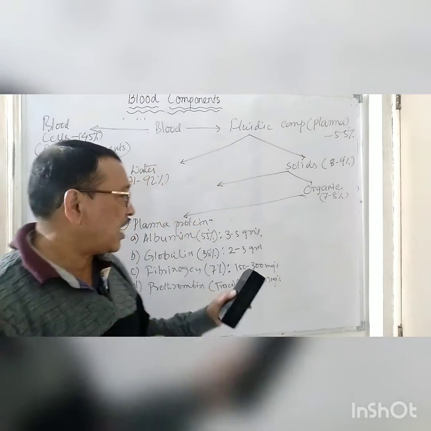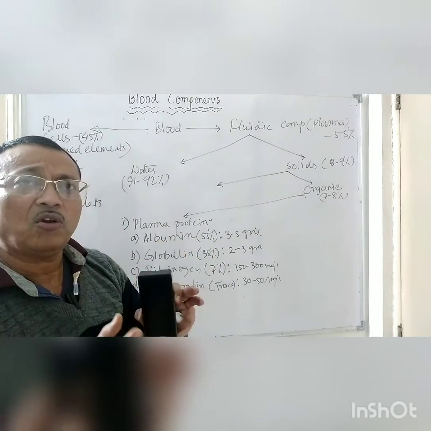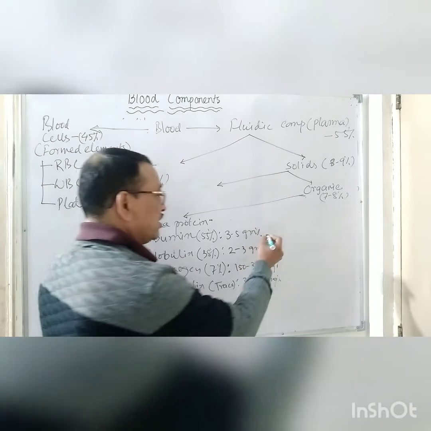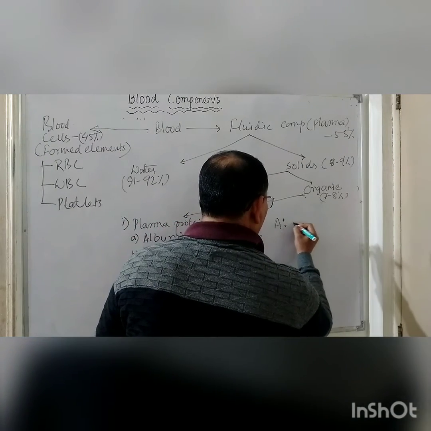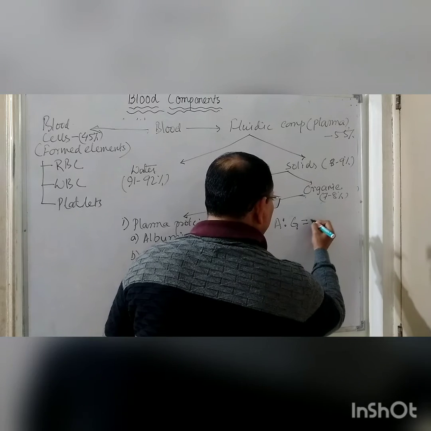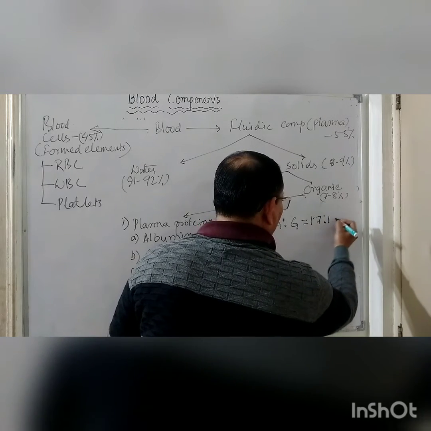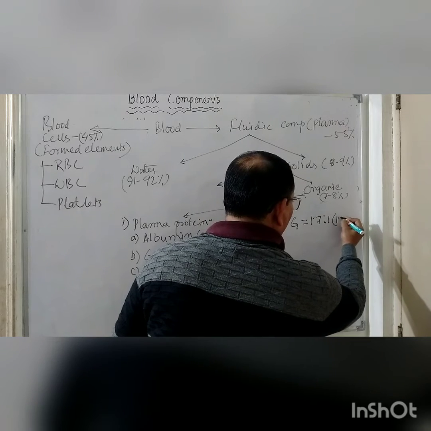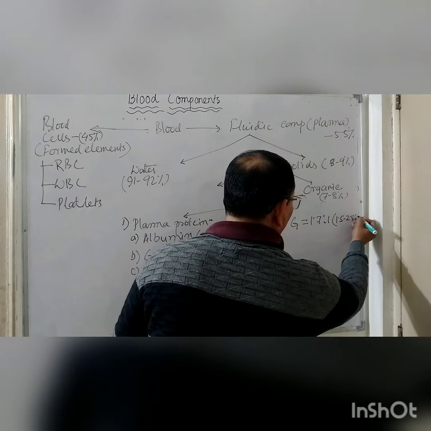Normally, the albumin and globulin ratio has very important clinical implications. The albumin globulin ratio is 1.7:1, and the normal range is 1.5 to 2.5:1.